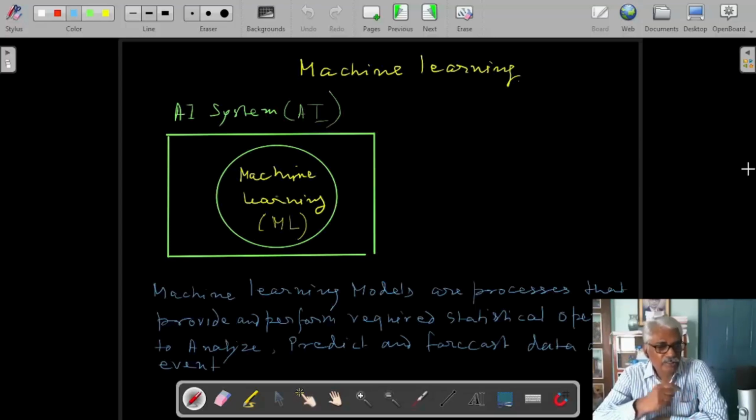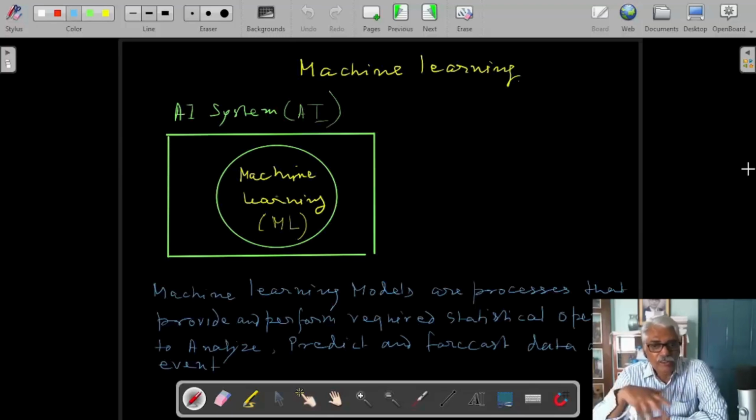It will draw insight from the information that has been stored there, and it will do it by performing certain statistical operations, and it will analyze, then it will predict or forecast the data or a particular event. So this recommendation system we spoke about in the earlier slide works in the same manner.